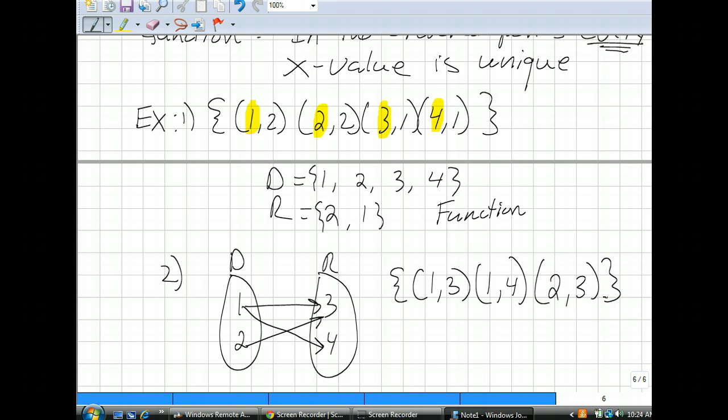Now this is a relation because it's a set of ordered pairs. But notice that this x value and this x value are the same number. And so therefore it is not a function. It is definitely not a function.